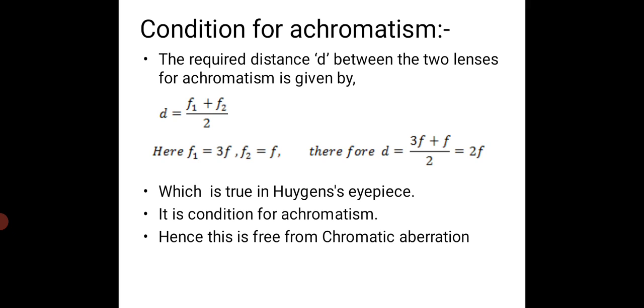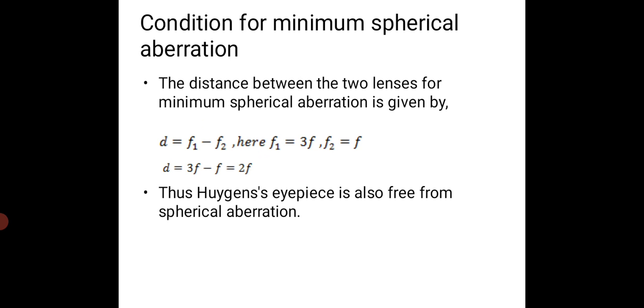Therefore d equals (3f plus f) by 2 equals 2f, which we already know is the distance between the two lenses, which satisfies the achromatic combination in the Huygens eyepiece. So this Huygens eyepiece is free from chromatic aberration.